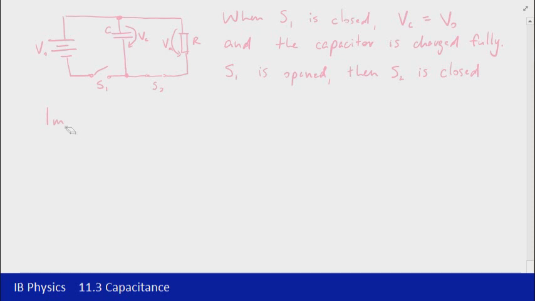So initially, what we're going to see, because we've charged the capacitor, the potential difference across the resistance is going to be equal to the potential difference across the capacitor. And so that means that initially the potential difference is going to be the source potential difference V0.